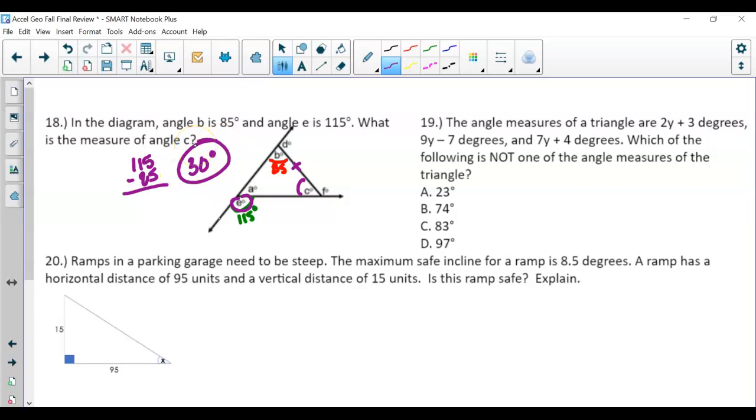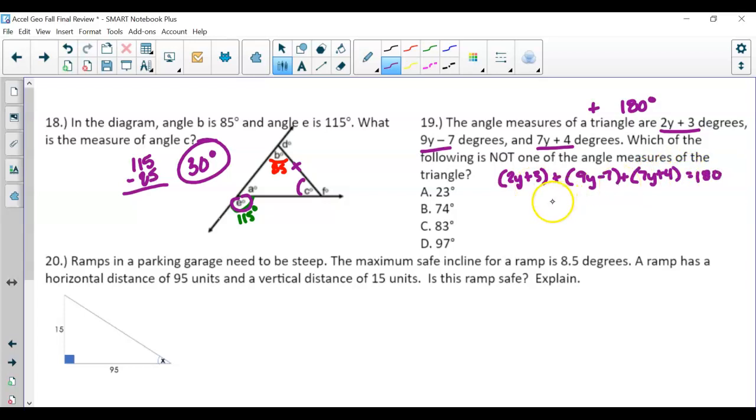So now here, these are interior angles, but what is not one of the angle measures inside? But again, we have to figure out what Y is. These values all add up to equal 180 degrees. So combining your like terms, we've got 2y plus 3 plus 9y minus 7 plus 7y plus 4, all equal to 180.